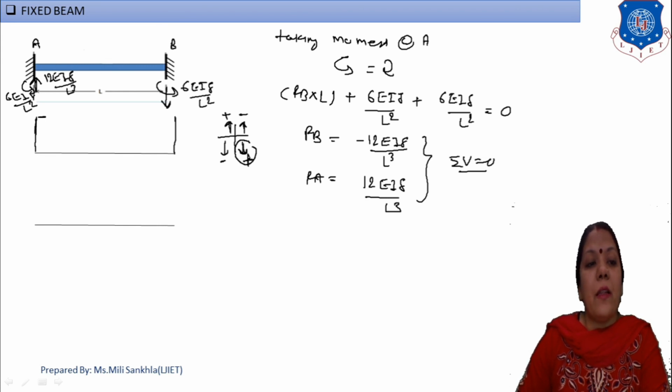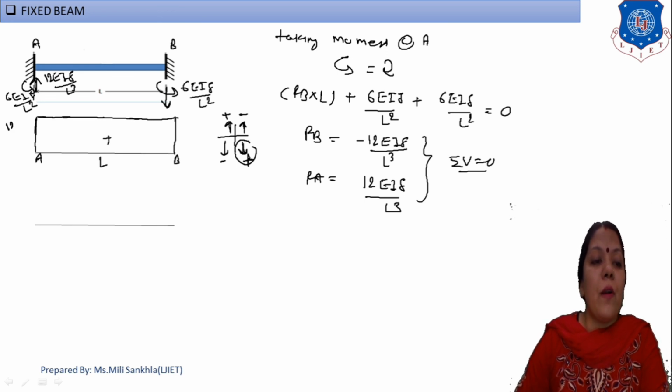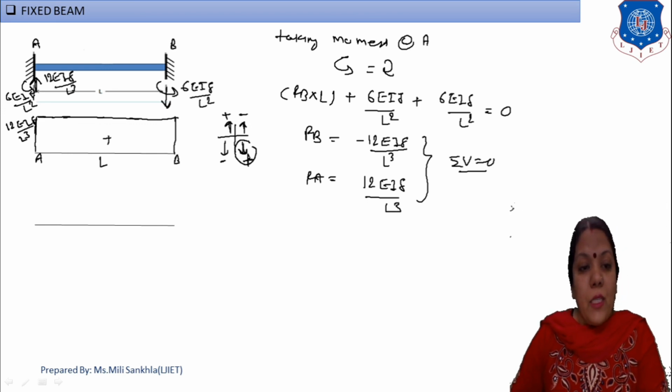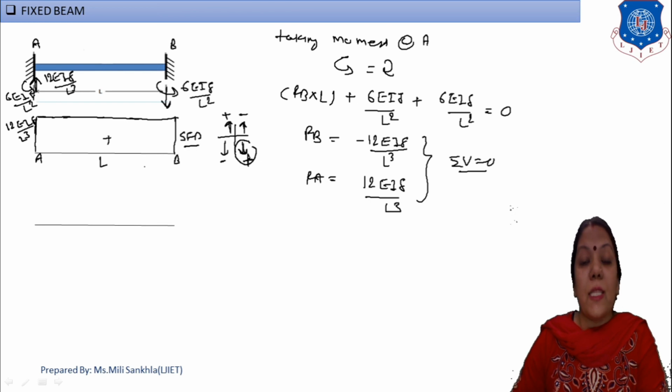Like this way, that means our SF diagram for this settlement of support is positive. This is our A point, this is our B point, and L, and the value at A point is equal to 12EI delta by L cube. Now this diagram is known as our SF diagram. Write down here, this is our SFD.